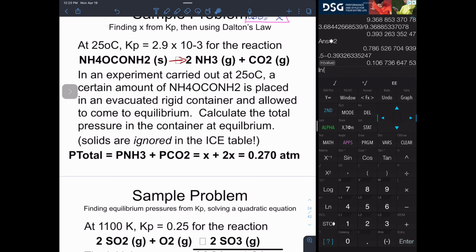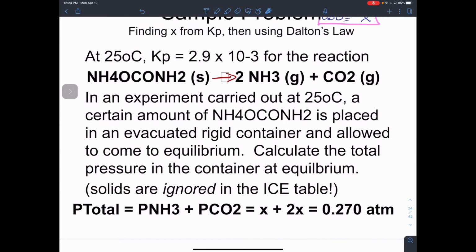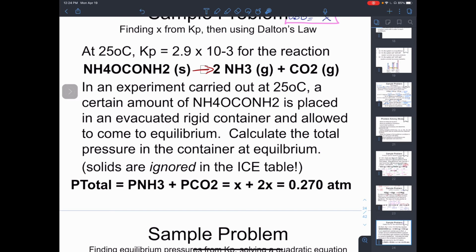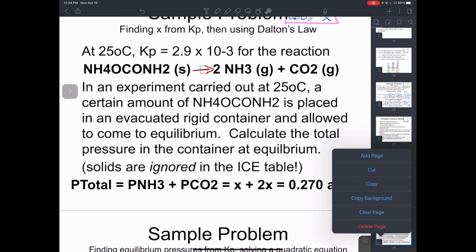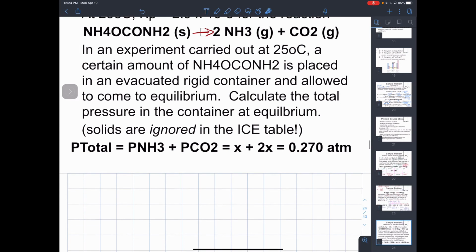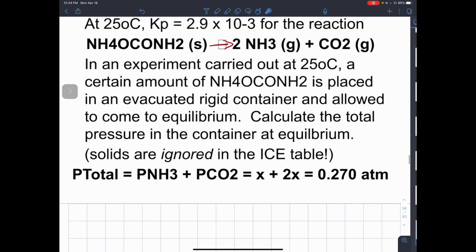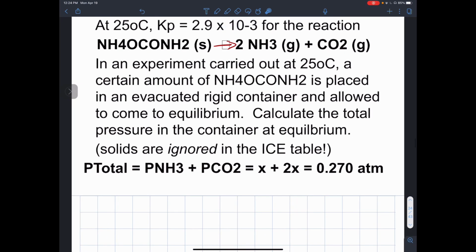Well, if you recall, total pressure is the sum of all the partial pressures. So if we can figure out the partial pressure of each of these and add them together, that will be the total pressure. We're going to use the same ice table method. Let me add an extra page so that I'm not running out of room. Feel free to add a page to your notes as well, so you've got a little bit of extra writing room.